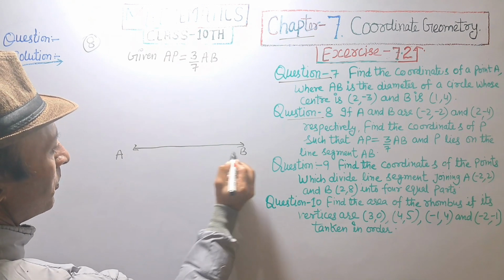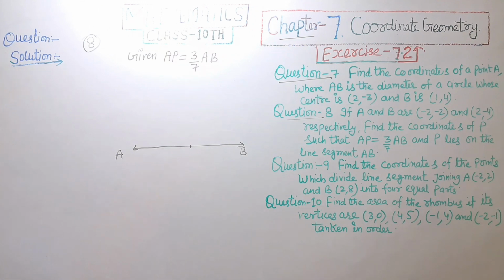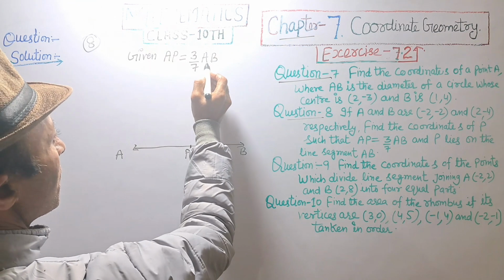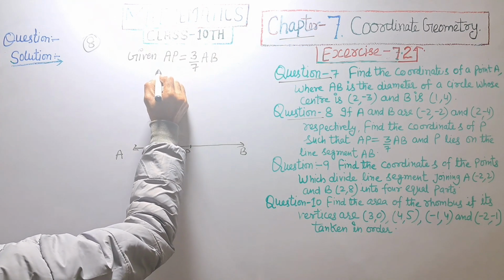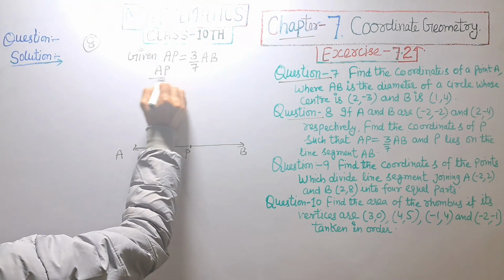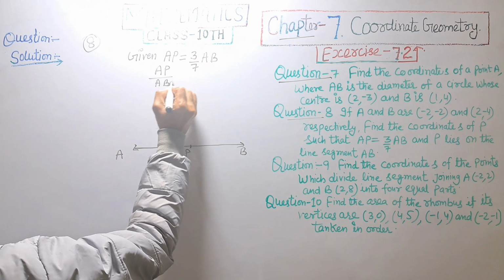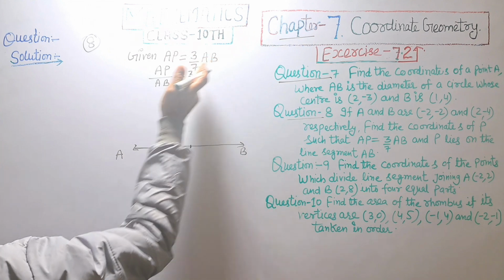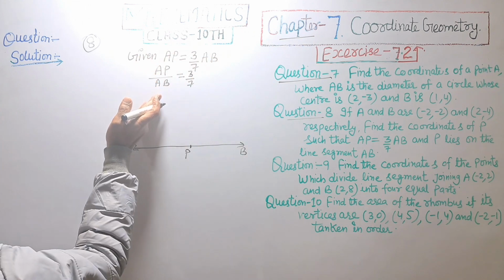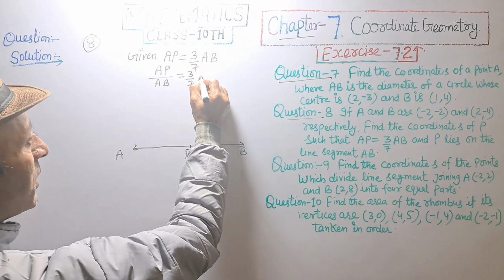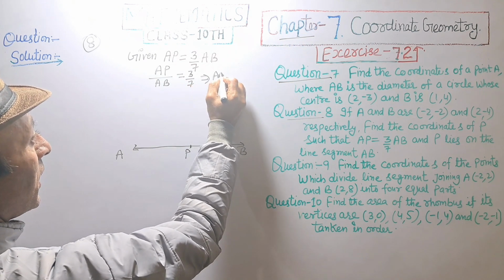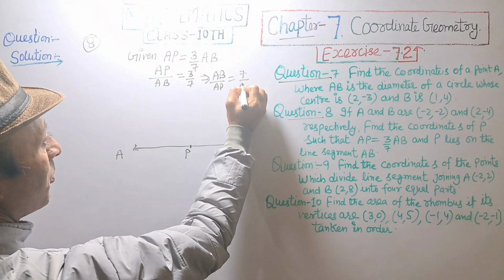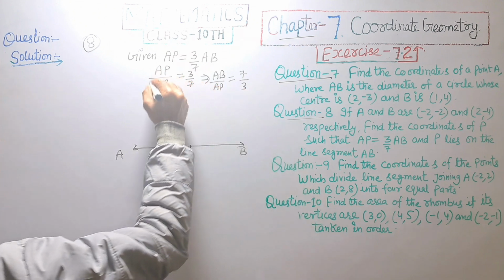A, B and point P. AP upon AB is equal to 3/7. AP divided by AB is equal to 3/7, but this implies AB upon AP is equal to 7/3. They are reciprocals.